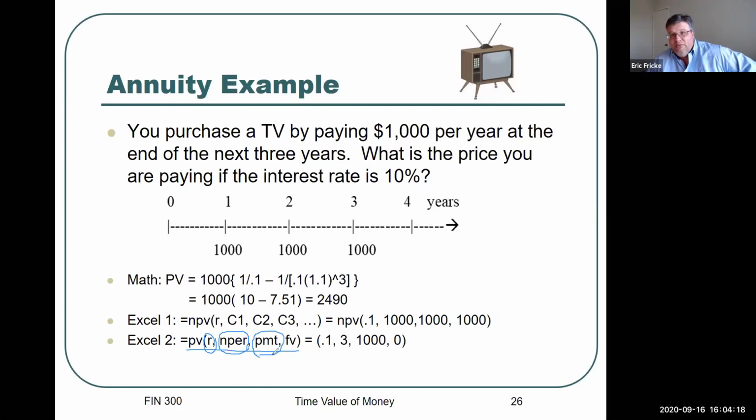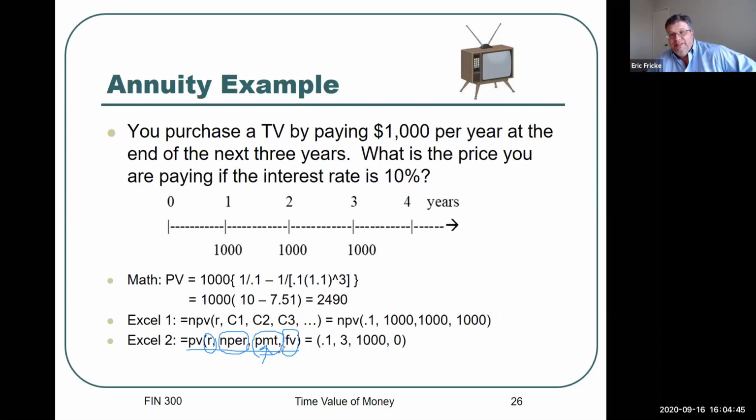All we did was worry about this other part here, the future value. We set this to 0 because that PMT is defined as a payment that happens every single period. Well, it just turns out, when we do annuities, that's exactly what we want.